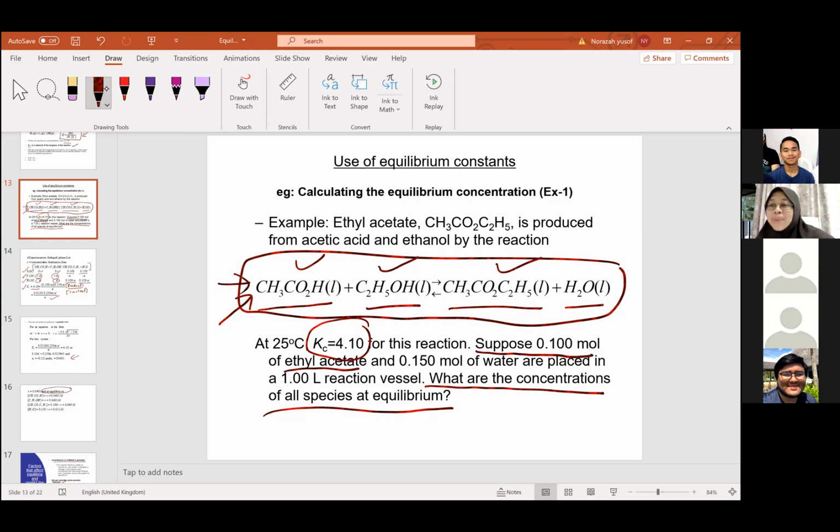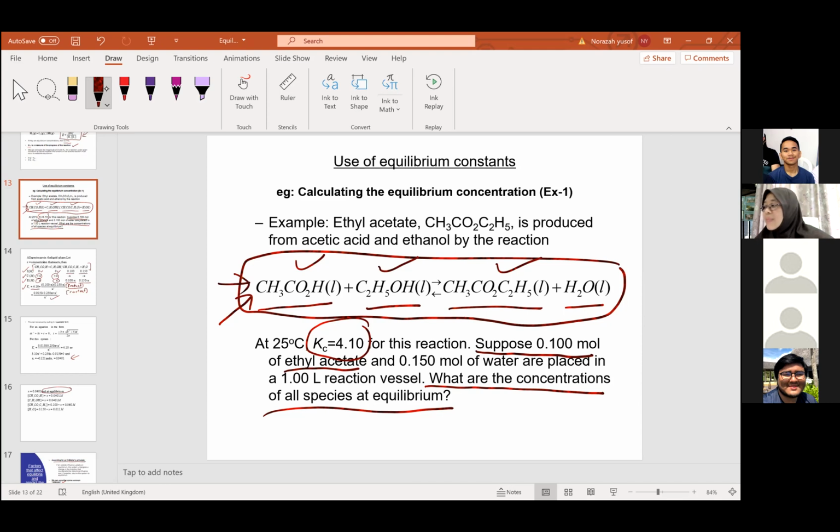Now what happens to the equilibrium shift? Yes? Shift to the left and less ethyl acetate will be produced.